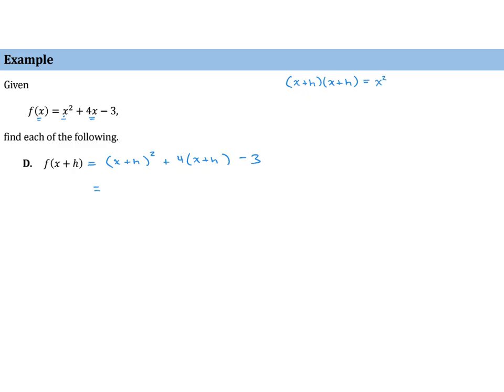So we'll have x squared plus xh plus xh plus h squared. That means that x plus h quantity squared is x squared plus 2xh plus h squared. Then we can distribute the 4. So plus 4x plus 4h minus 3. And that's our answer. Nothing is alike, so we can combine no like terms.